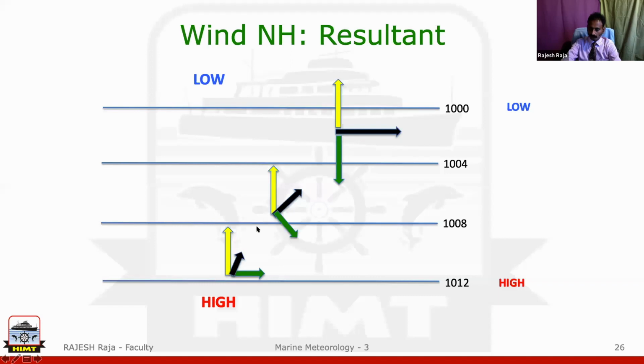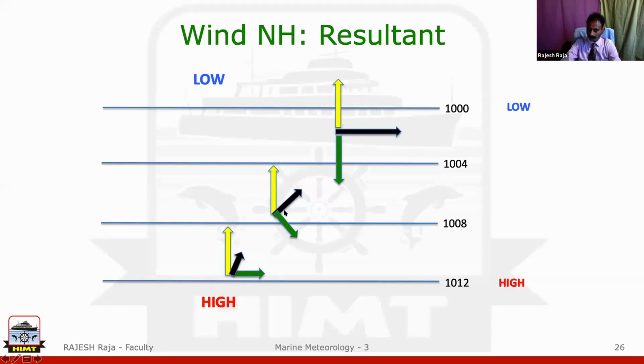So what the Coriolis has to do is, again, it has to become perpendicular to this one. Now when I have two forces here, the PGF is still a force, but finally you are having this as a resultant. Now because of this black resultant wind, you can see that the green Coriolis force has changed direction, which is again perpendicular.